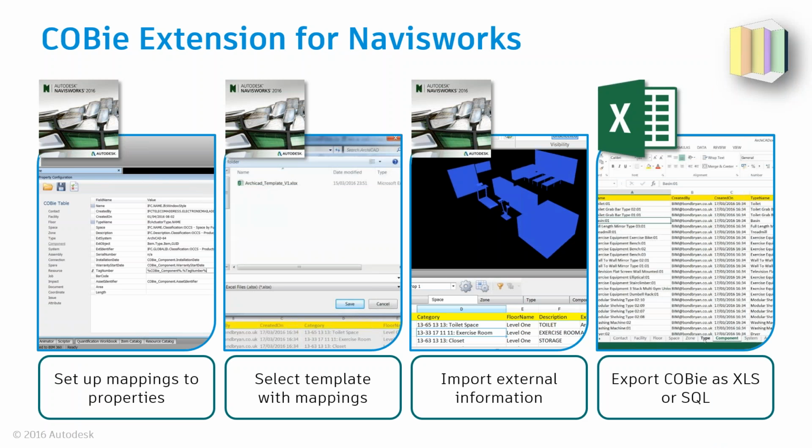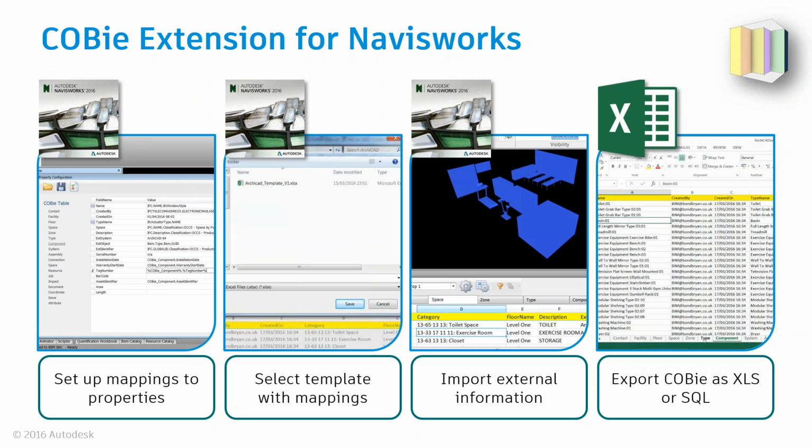But probably, the biggest thing that we've had to announce over the last few months has been a new tool to allow you to extend COBie output to the entire project team. So if you look at Navisworks, Navisworks is a tool that allows you to load over 50 different file formats, manufacturer's data as well as IFC data, infrastructure data as well as building data, and be able to bring them all into one environment.